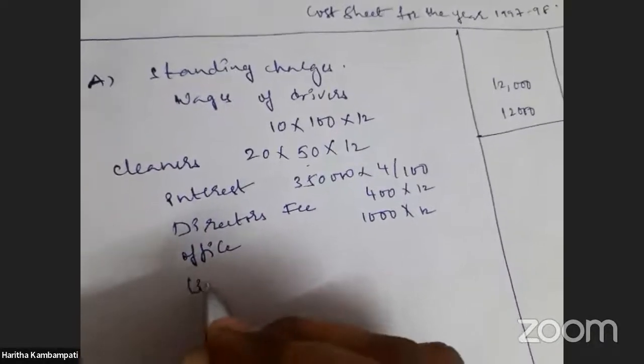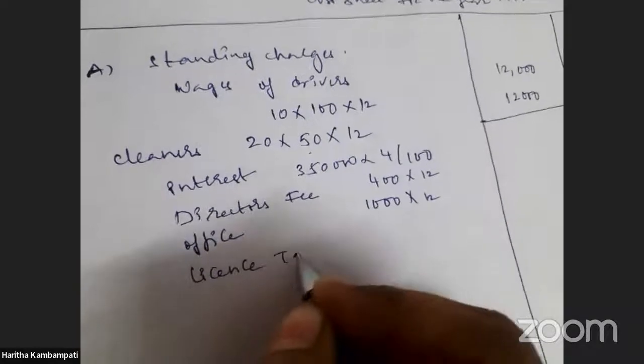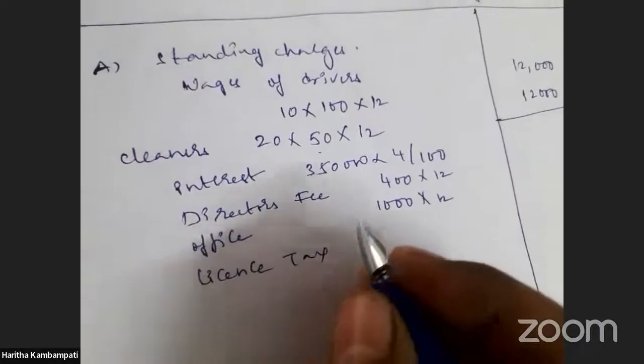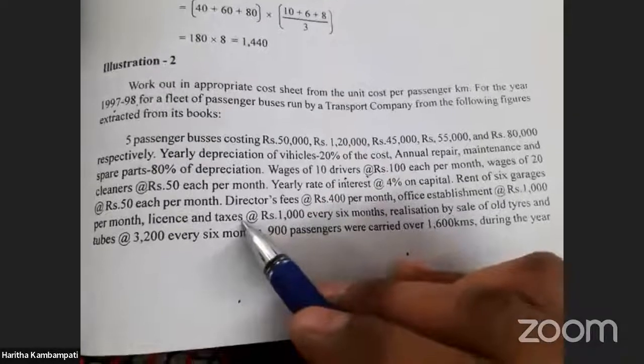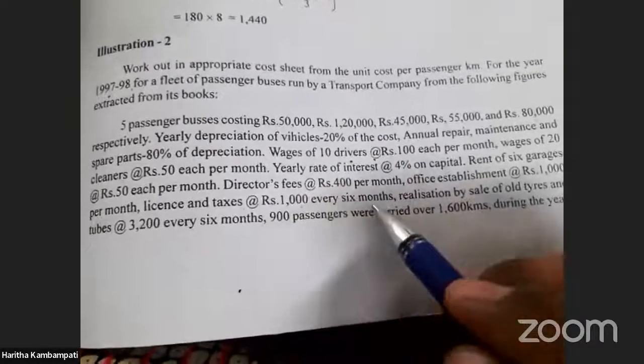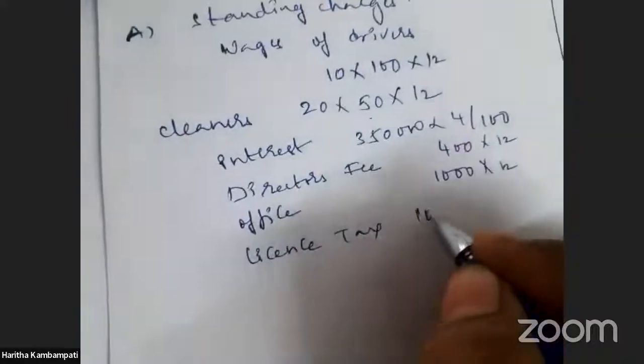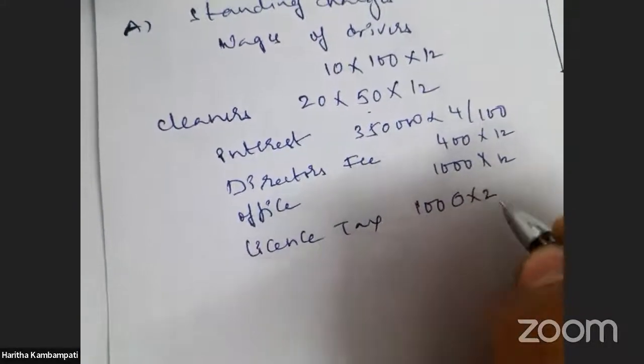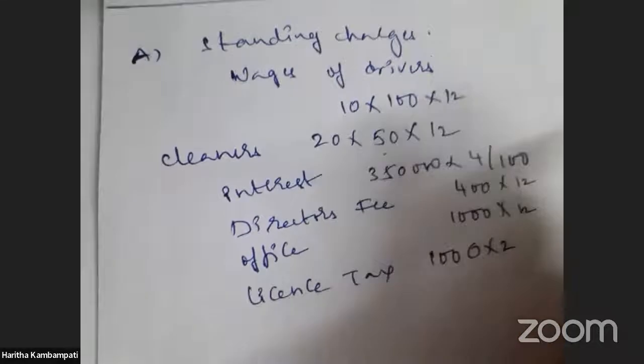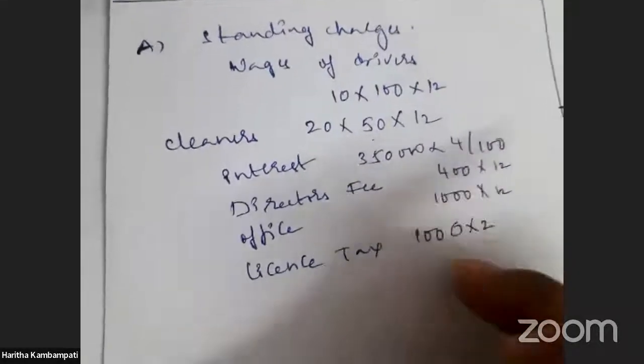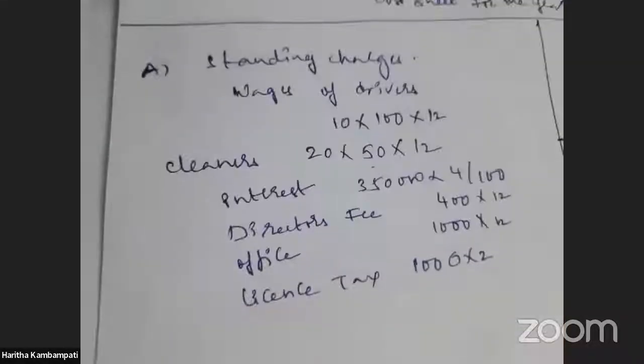License tax and miscellaneous. Let us see. Here, license and taxes, 1,000 rupees for every 6 months. That's why we are multiplying with 2. So for the year, they are paying twice.